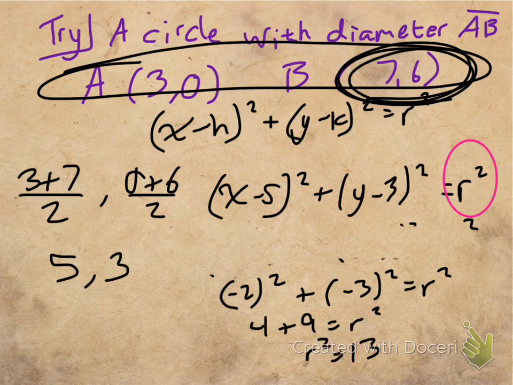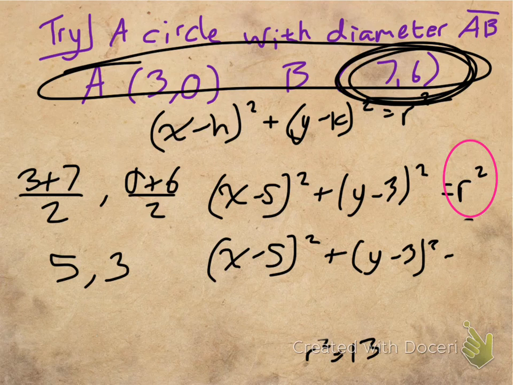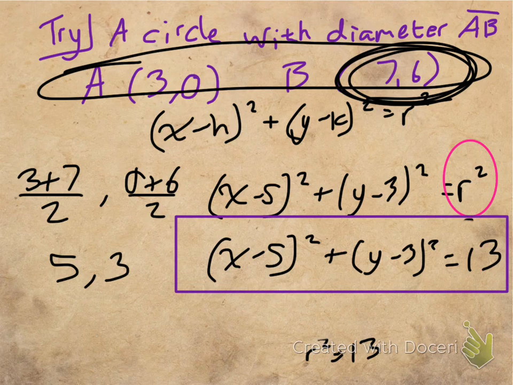It should be that simple from there. So I should have (x - 5)^2 + (y - 3)^2 = 13, and that is your final answer.